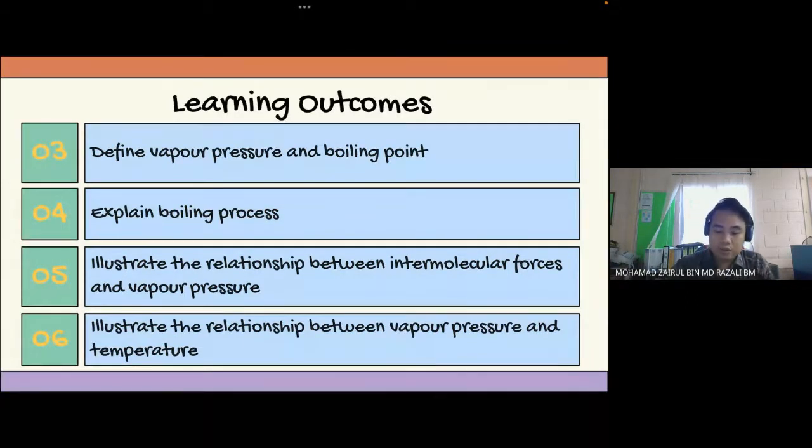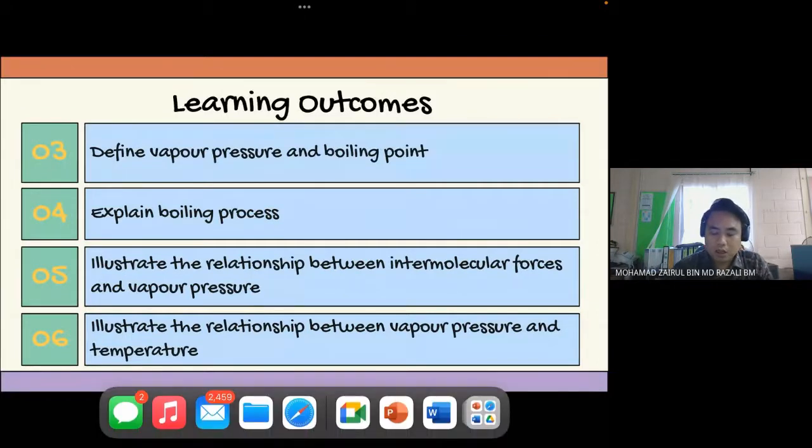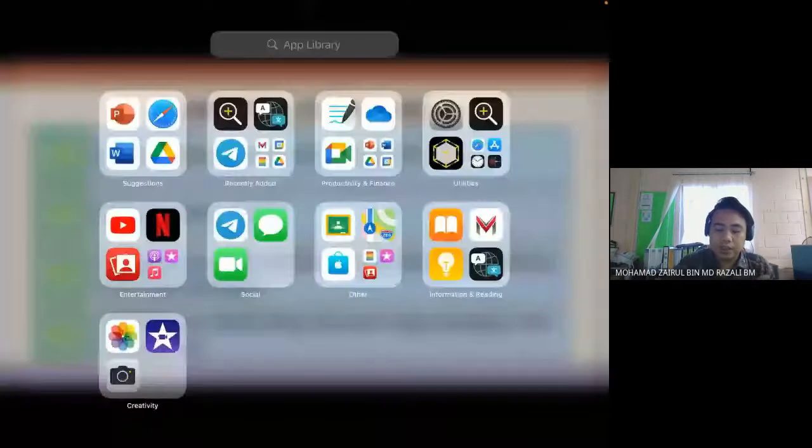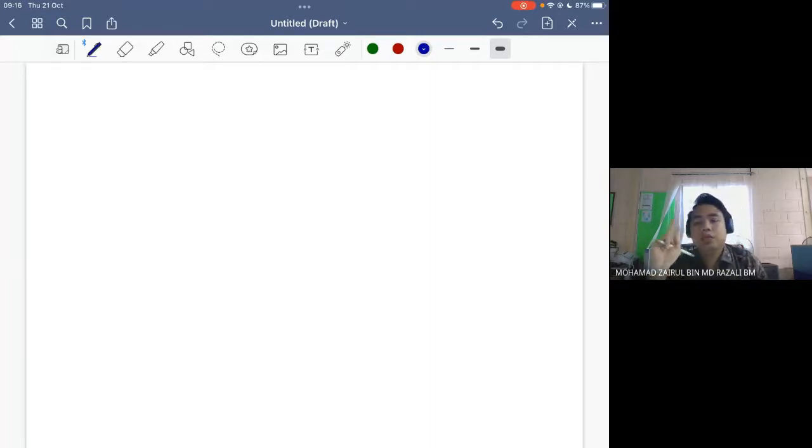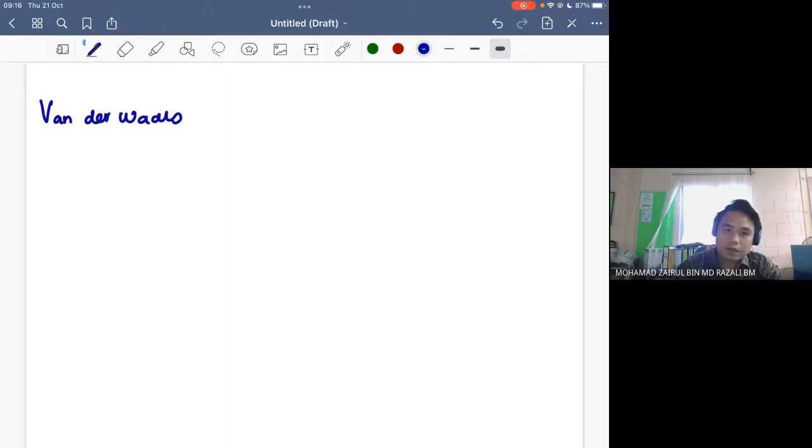Okay, so before we start to go into detail untuk physical properties, kita akan recall dulu, intermolecular forces. Okay, so as we have learned in chapter 4, we have 3 different type of intermolecular forces that we already learned. Okay, so we have van der Waals forces. And then another one we have hydrogen bond.